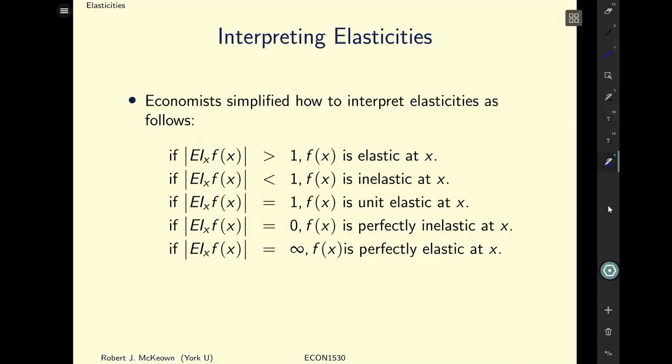If the elasticity is 1, we say it's unit elastic. If it's 0, it's perfectly inelastic. And if it's infinite, then we say it's perfectly elastic.